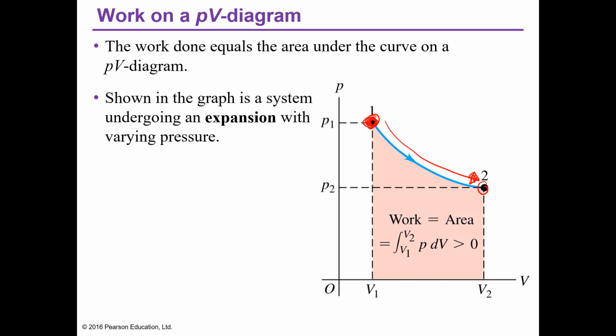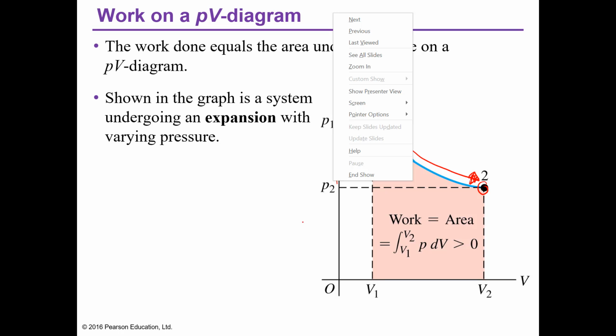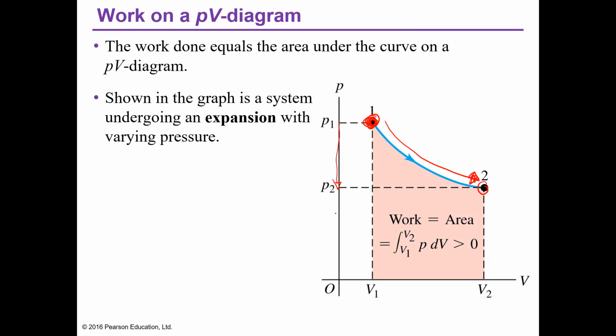In this diagram, ang gibuhat niya is, you decrease the pressure from P1 to P2, okay? And you increase the volume from V1 to V2. Since there is an increase of volume, then the work done is positive. Take note, work done here is positive.